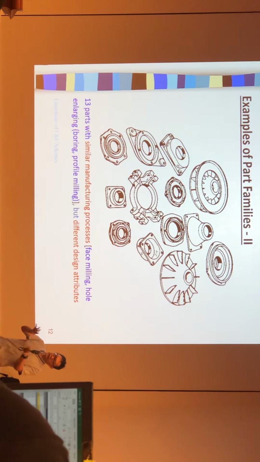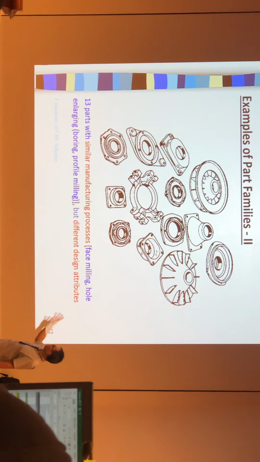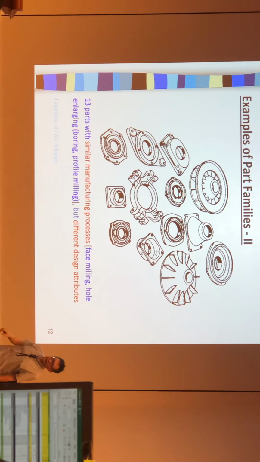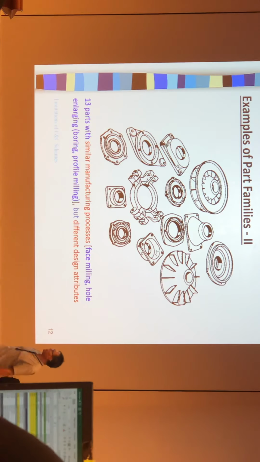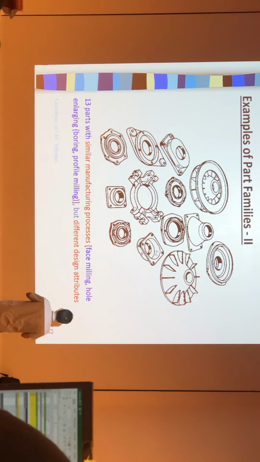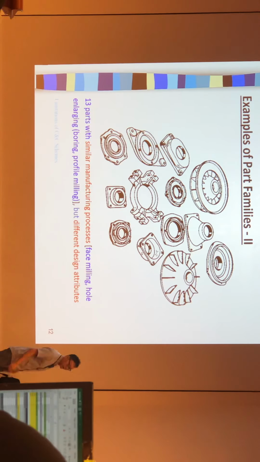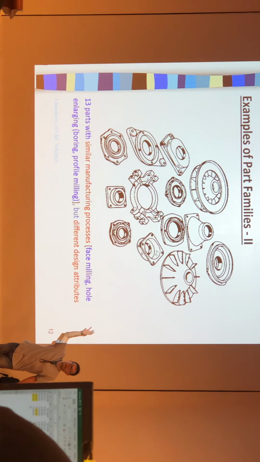So these two examples are quite in contrast. The first one is parts with the same geometry having different process requirements. Parts with quite different design attributes, for the second example, need similar manufacturing steps. So we need to be very careful. As I mentioned, similarity does not necessarily depend on looks, geometry.